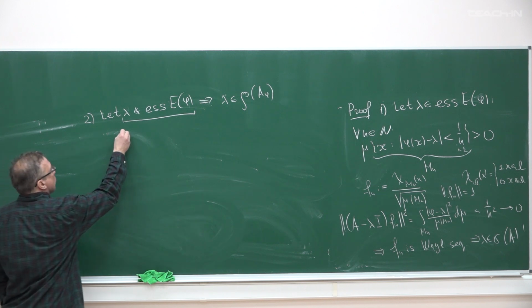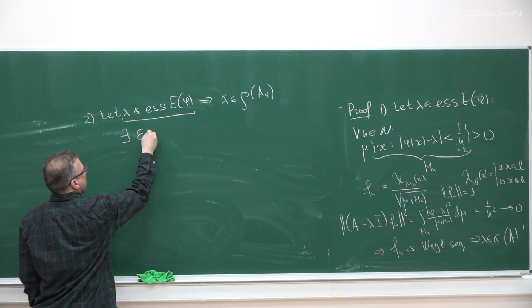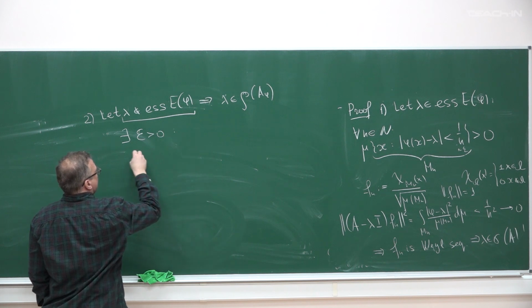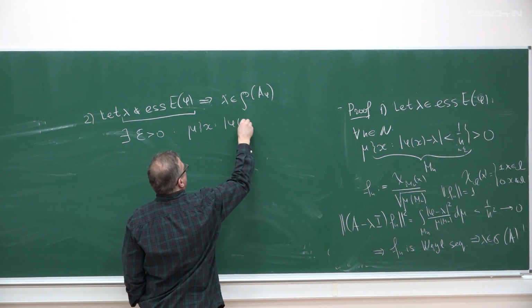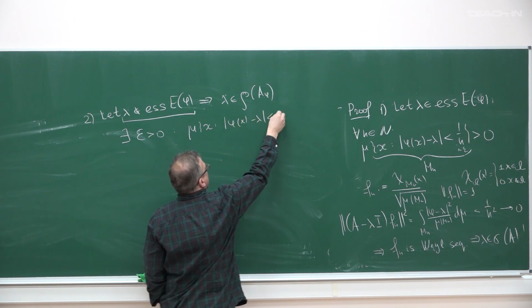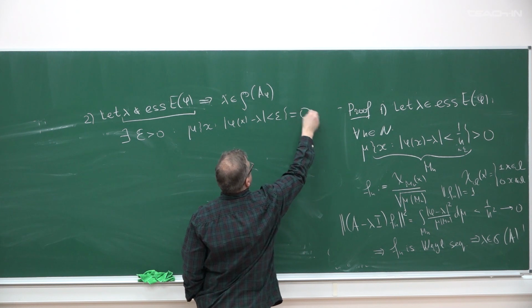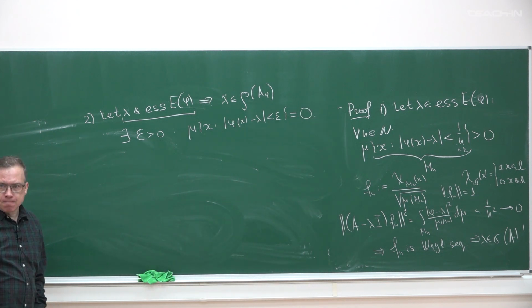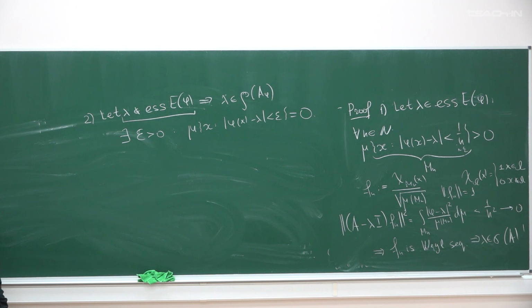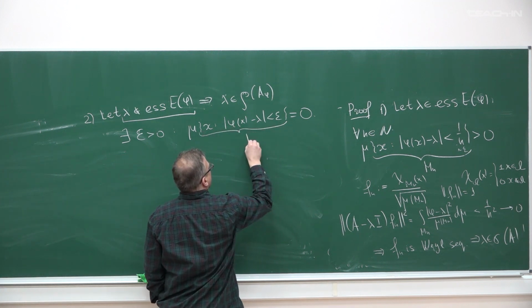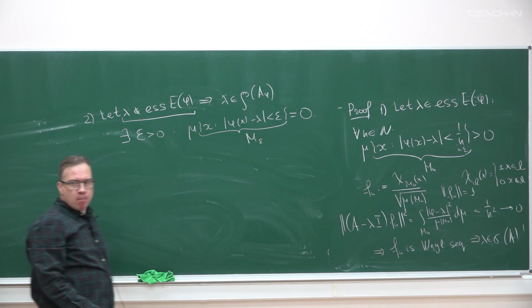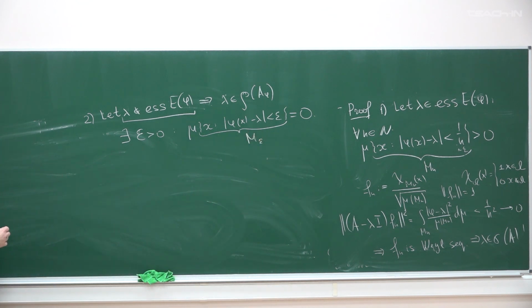So there exists epsilon positive such that the measure of such x that phi of x minus lambda is less than epsilon is 0. Let's define this set again, M epsilon. What do we need to do to construct the resolvent?